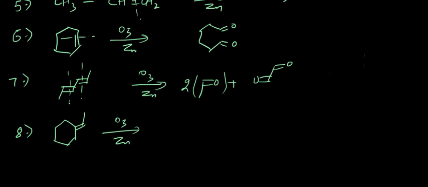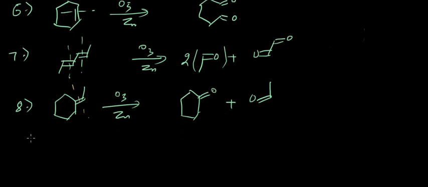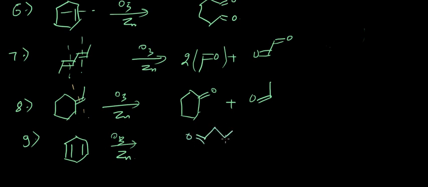So the cleavage would be at this double bond, making the product something like this plus this. Okay, what about this structure where we have... so it would be something like this, and twice, one of the upper ring, one of the lower ring.